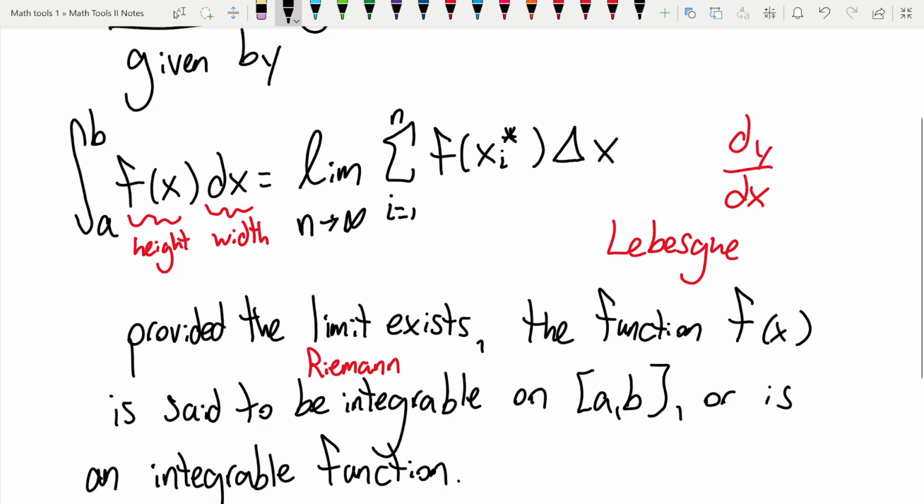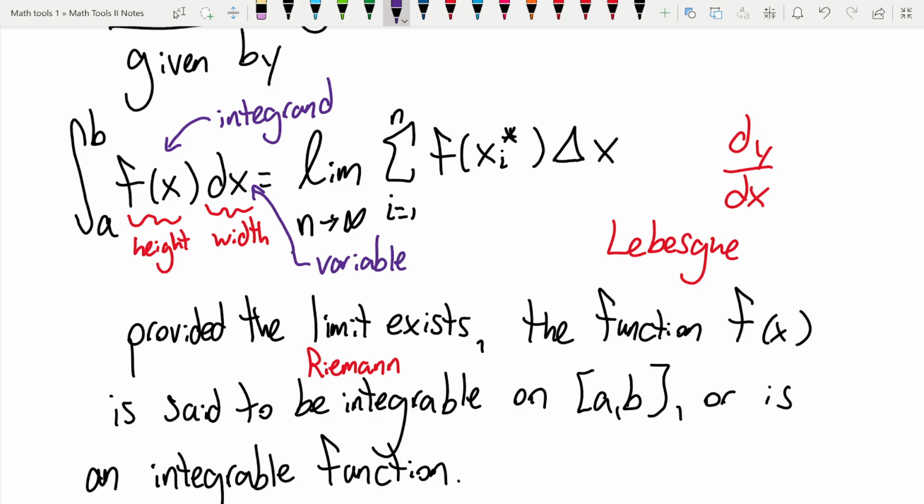So let's look at some of the names of these different parts. This part right here, f of x, is known as the integrand. The x here, which is denoted in the dx, is known as the variable of integration.